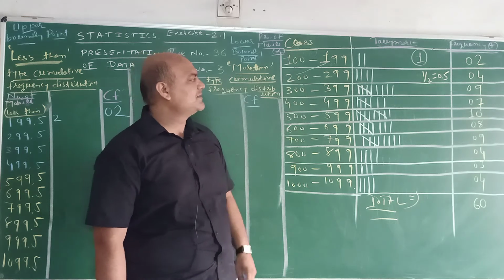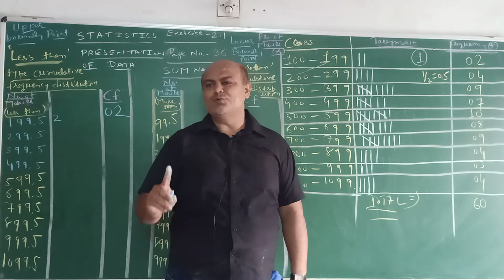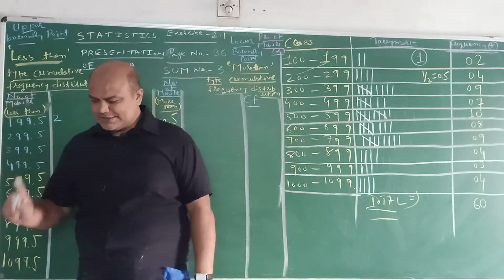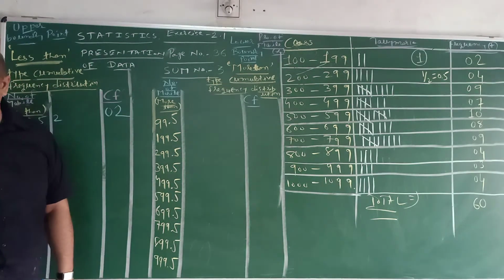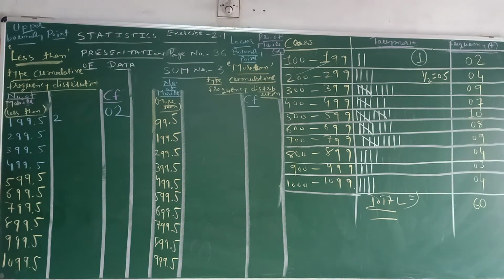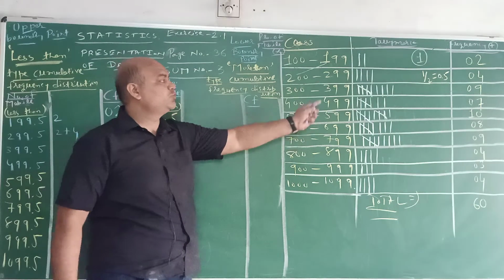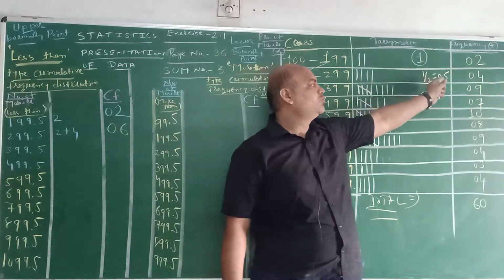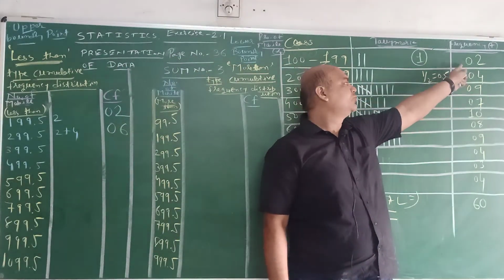So it covers two frequencies, 2 and 4, the frequency of the next class. So 2 plus 4, that is 6. Why? Because less than 299.5, we have two frequencies, 2 plus 4.